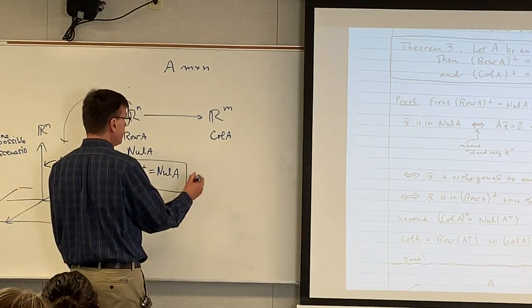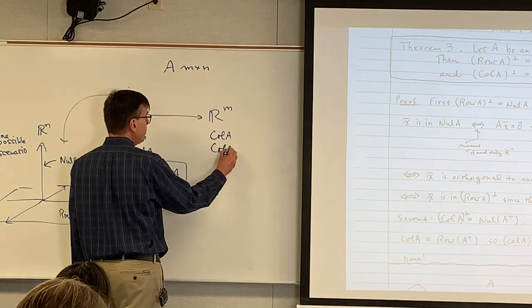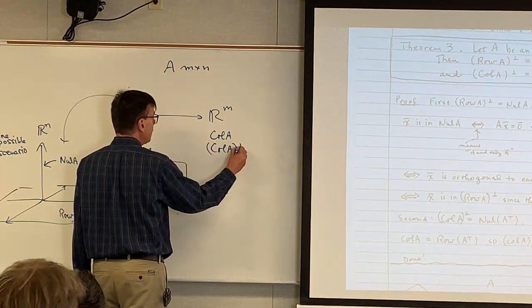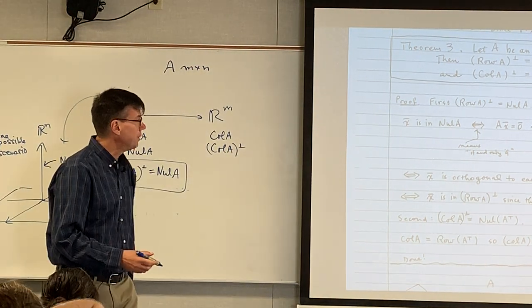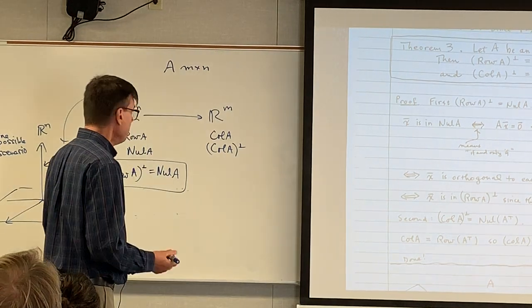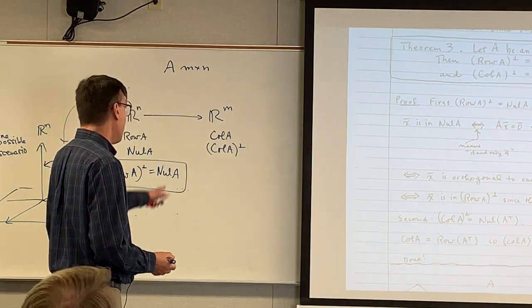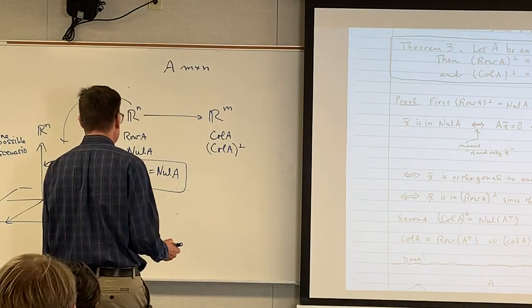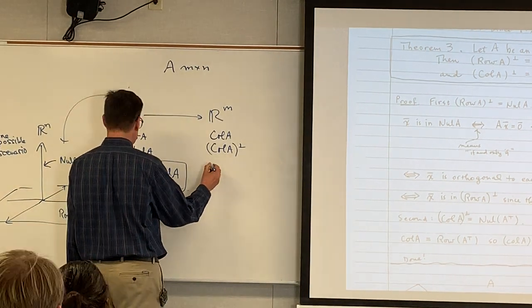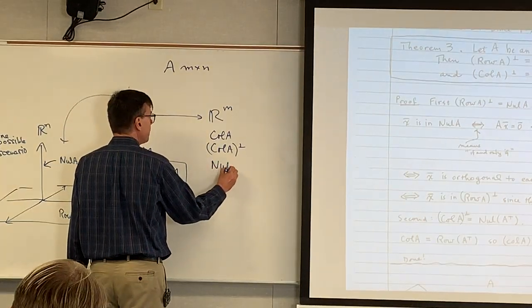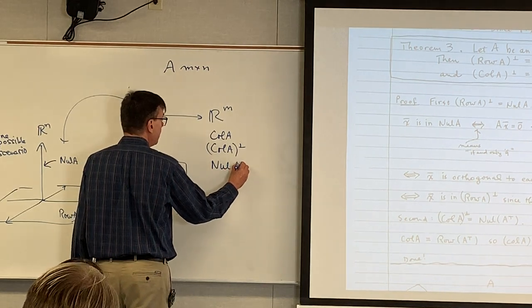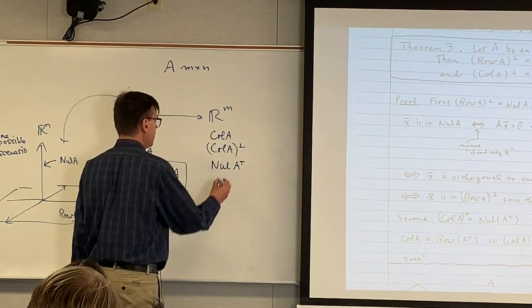So column space of A perp is also going to be in Rm, and that's equal to the null space of A transpose.